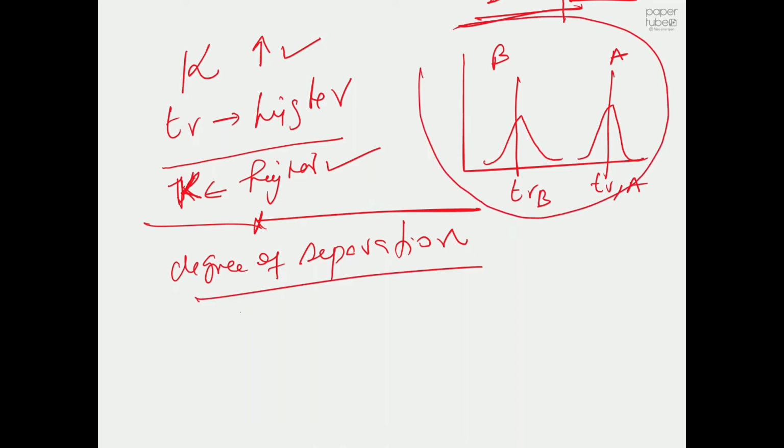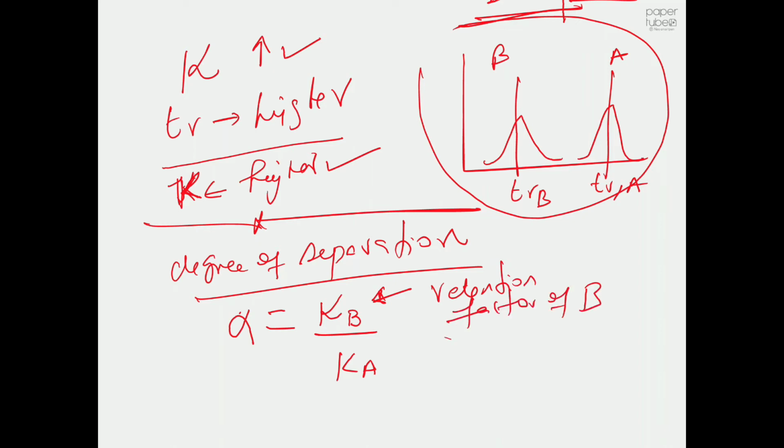How to quantify the degree of separation? We use the notation alpha, which is equal to k suffix B over k suffix A. This is nothing but the retention factor of B divided by the retention factor of A.